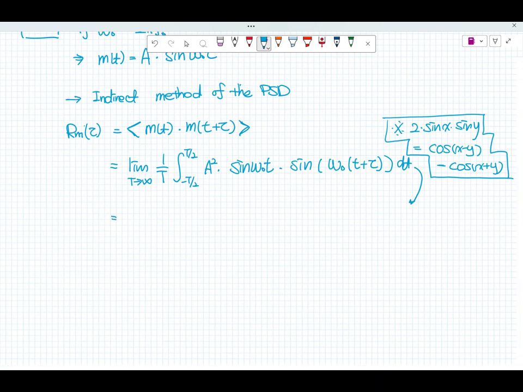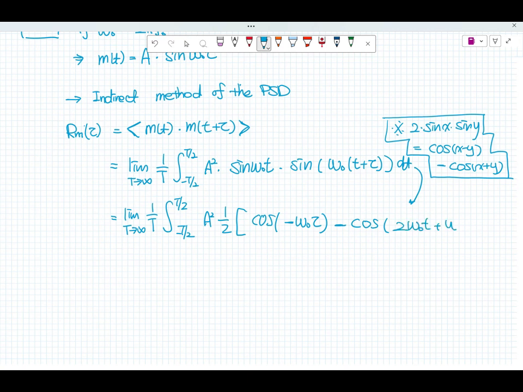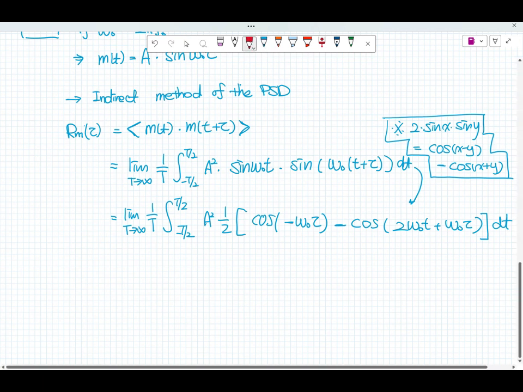So in here, limit T to infinity, 1 over T, integral from minus T over 2 to T over 2. That gives 1 over 2 times cosine of minus tau minus cosine of x plus y, with respect to t. We learned before that the integral of a periodic sinusoidal waveform goes to 0.